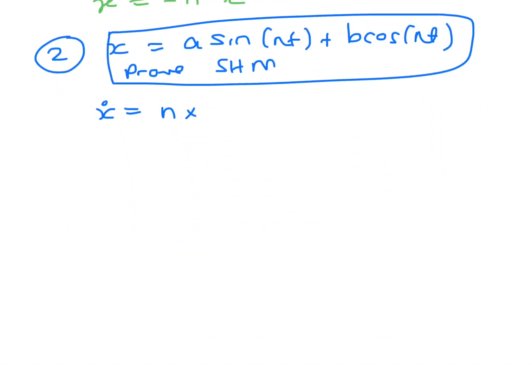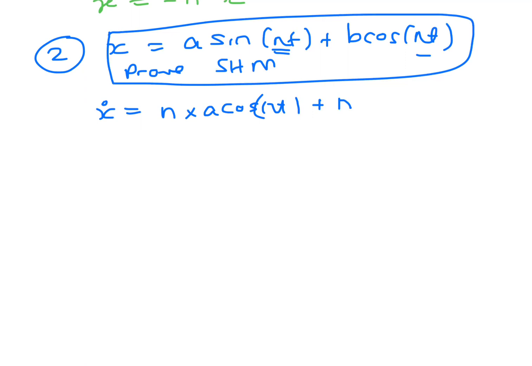To prove that this is in simple harmonic motion, we differentiate the first time. The n comes out because that's the derivative of what's inside. The a is just a constant. Sine goes to cos nt, and then cos nt plus, and then we go n, because that's the derivative of what's inside.